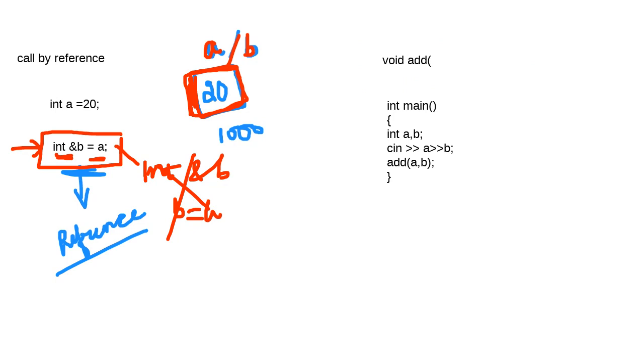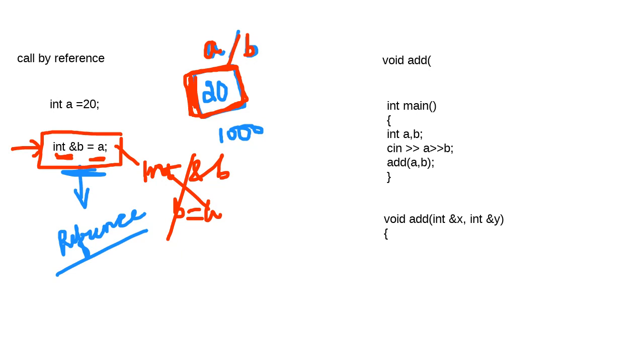But then again, when I'm receiving this, I want to receive them as reference. So what will be the definition? Int ampersand x comma int ampersand y. Do you understand this point? So this is how I will receive this. I want to receive their reference.